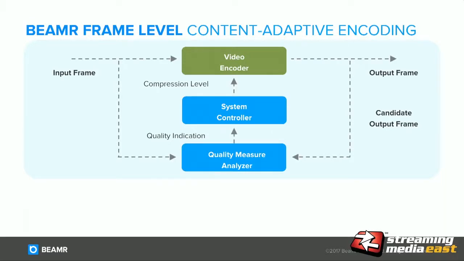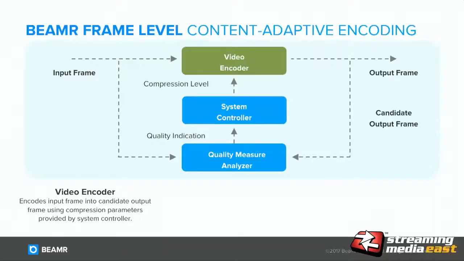This wouldn't be a complete presentation if I didn't have a block diagram, system diagram. So here we go. Basically, this just illustrates where we fit into the encoding process. So the video encoder. Now, we did acquire, we own Vanguard Video, so we are absolutely in the encoding business. We're a codec developer.